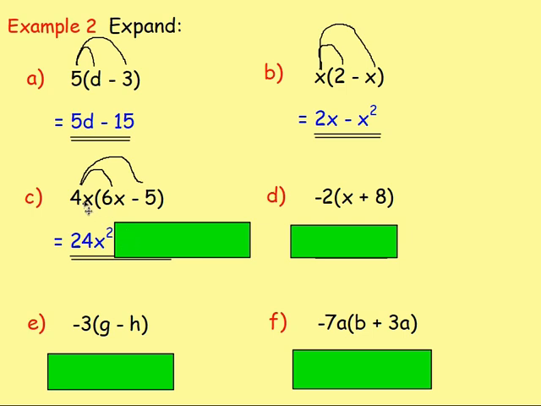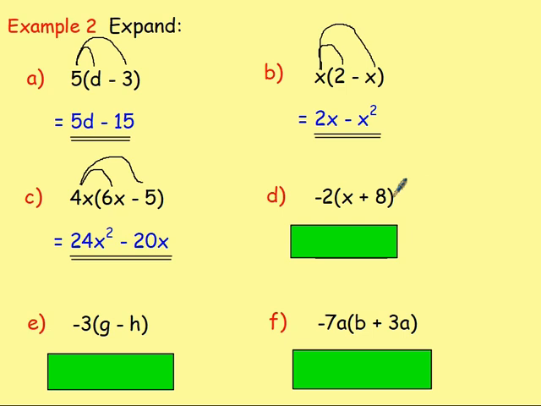You're right. And if you do the 4x times by the negative 5, well, if 4x is positive, 5's a negative, positive times negative is a negative. And the 4x times the 5 then? Well, 4 times 5 is 20, and you'd also have the x. So the answer is 24x squared take away 20x.